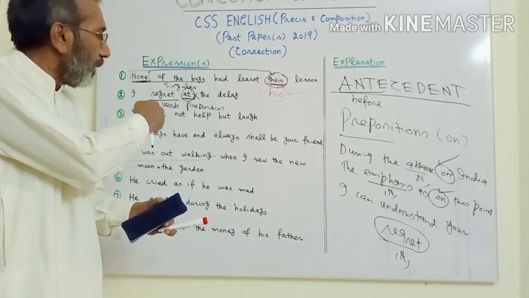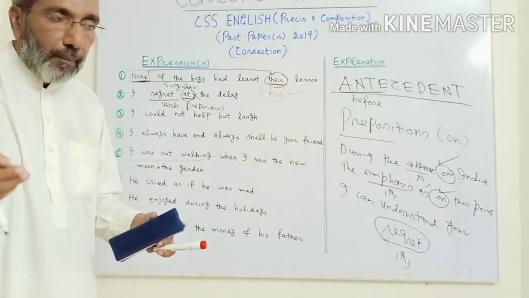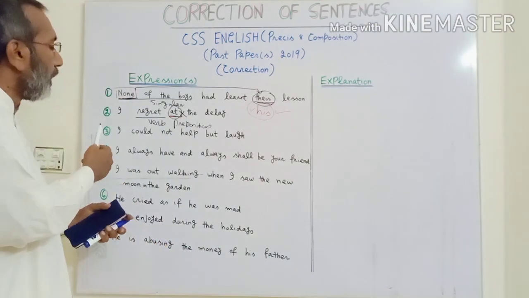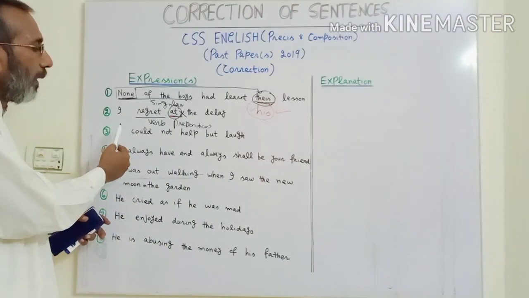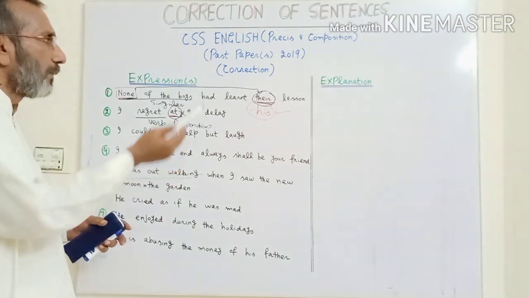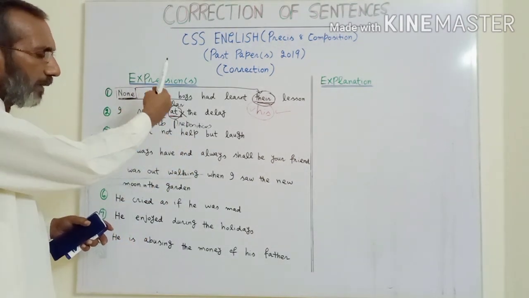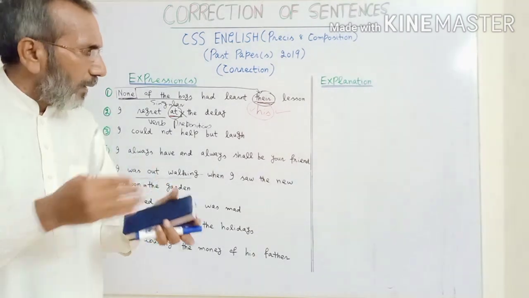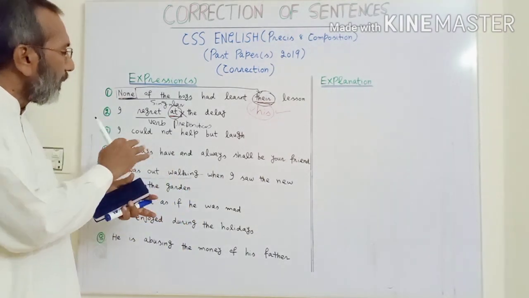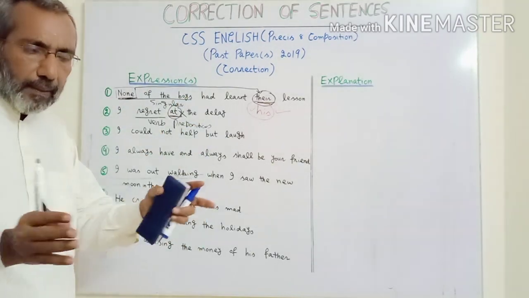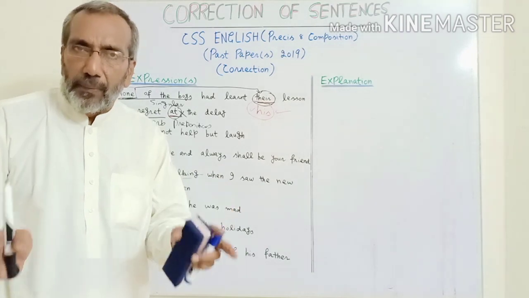Inshallah, we take the next one. The next expression is, I could not help but laugh. Actually, these are not just 10 expressions. If you understand the true reason behind all this, even after doing these 10, one can understand so many different rules.